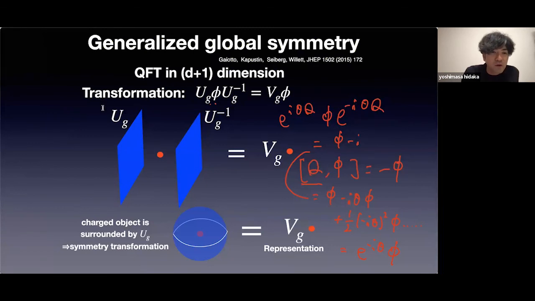I think we are working on algebra. The UG phi and the UG inverse are in the same algebra, which is not commutative.